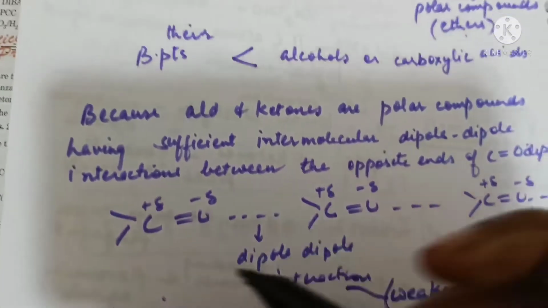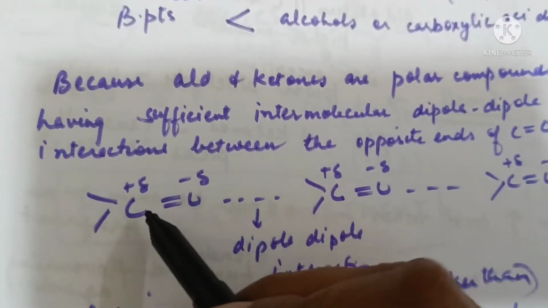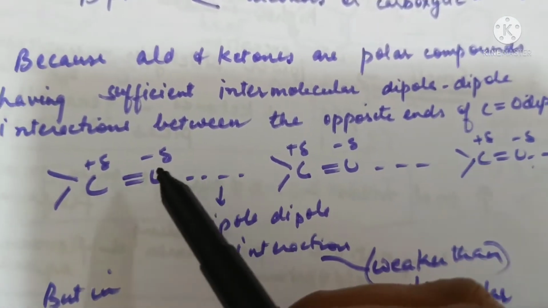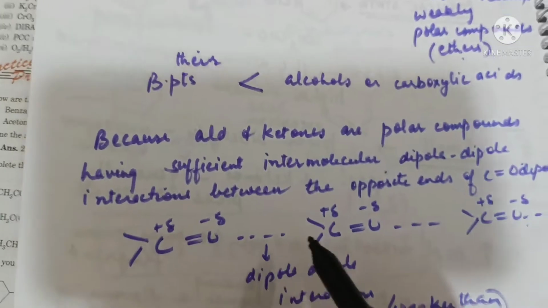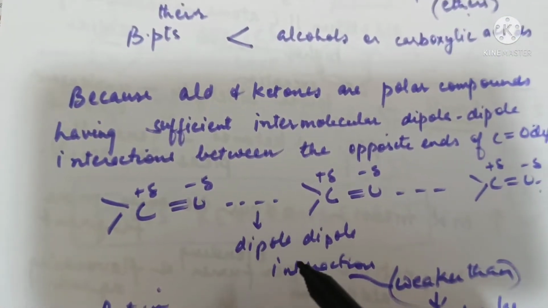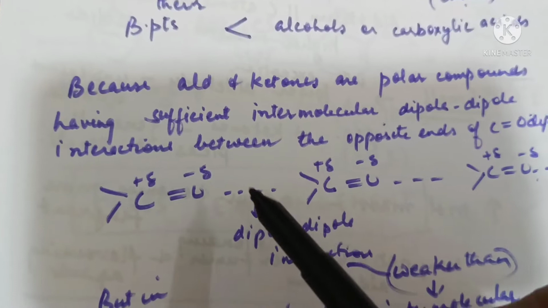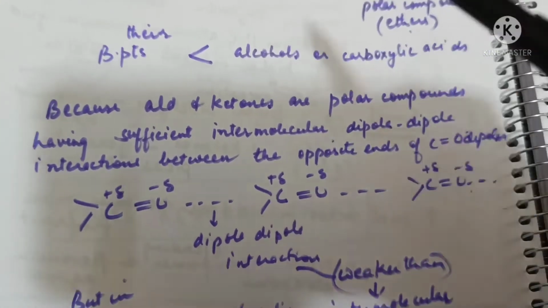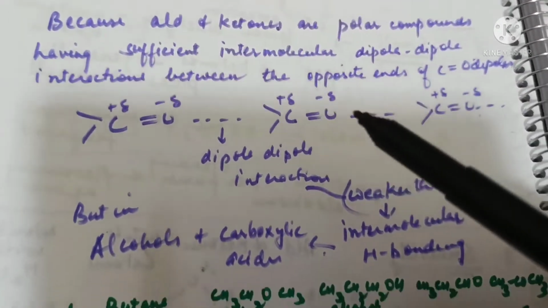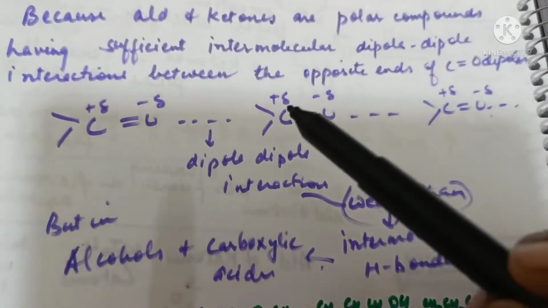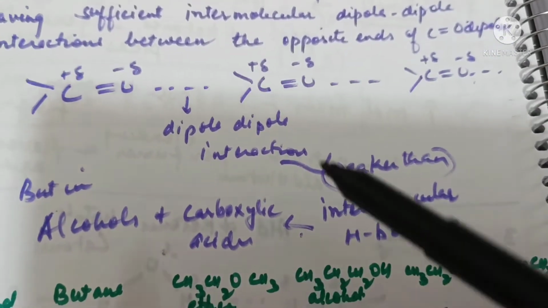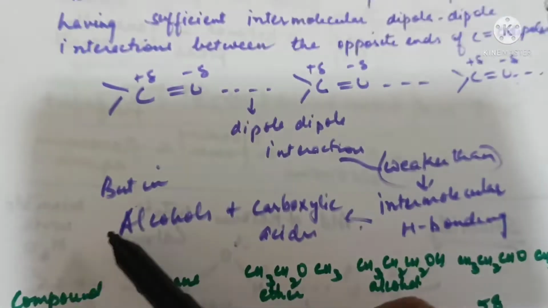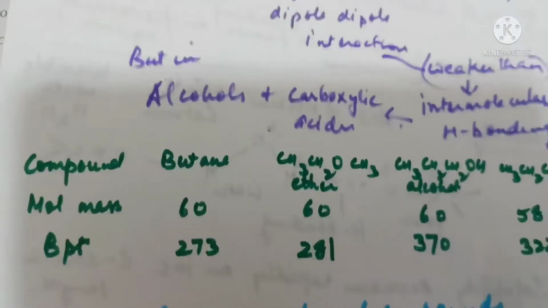This is because the carbonyl group is polar, so there are dipole-dipole interactions within themselves, so greater heat is required to break the force of attraction between adjacent molecules. So boiling point is higher than non-polar or weakly polar compounds. But the boiling point is less than that of alcohols and carboxylic acids because dipole-dipole interactions are weaker than the intermolecular hydrogen bonding which exists in alcohols and carboxylic acids.